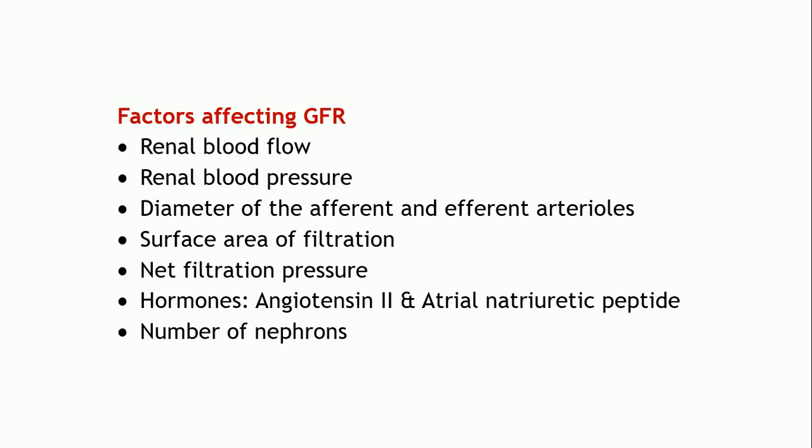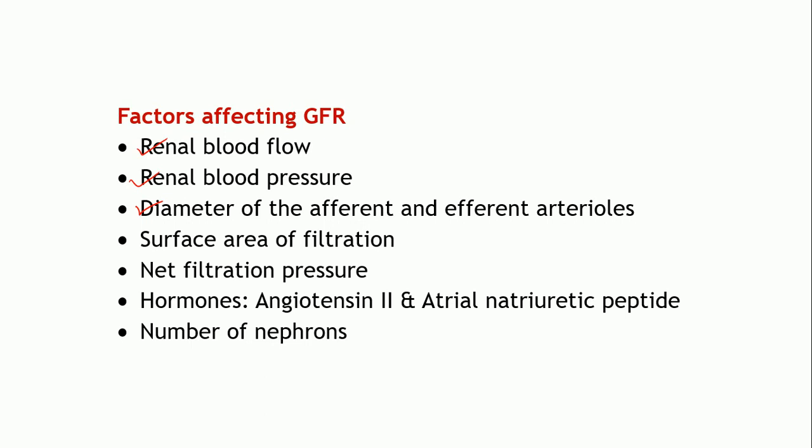So these can be summarized as follows. The renal blood flow is an important factor. More the blood flow into your kidney, faster will be the GFR. The renal blood pressure or your blood pressure, if it is high, GFR will be high. The diameter of the afferent and efferent arterioles, if the diameter of afferent arteriole is more, more blood will flow, GFR will increase.